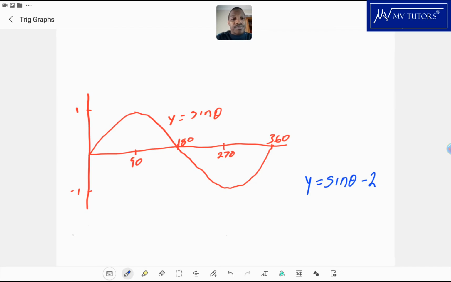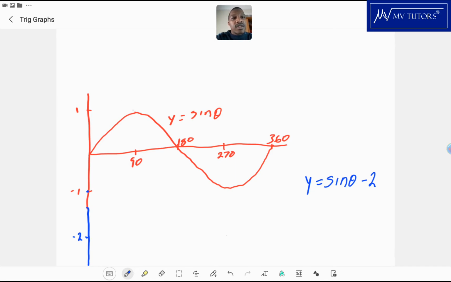So this 0, 1 is going to shift 2 units down, so it moves from 0 to minus 1, and we need to add a minus 2, so it comes to minus 2. All right, that's our point there.